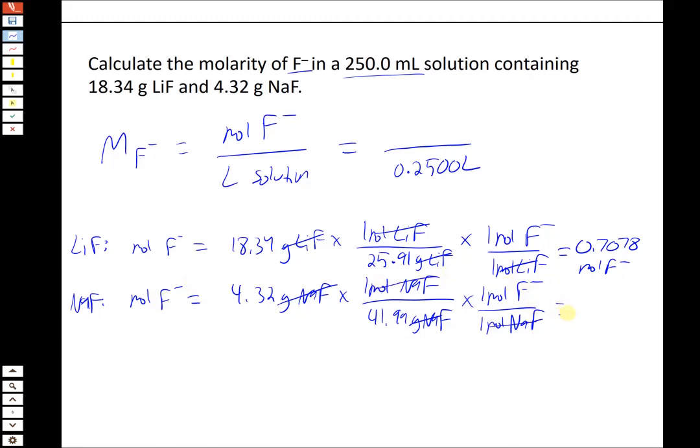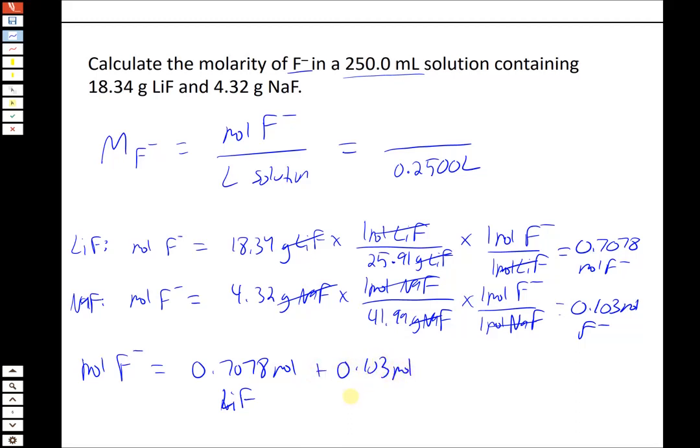And then what we get for that is 0.103 moles of F minus. So the total moles of F minus is going to be those two things added together: 0.7087, which was the moles that we got from lithium fluoride, and then 0.103, which is the moles that we got from sodium fluoride.